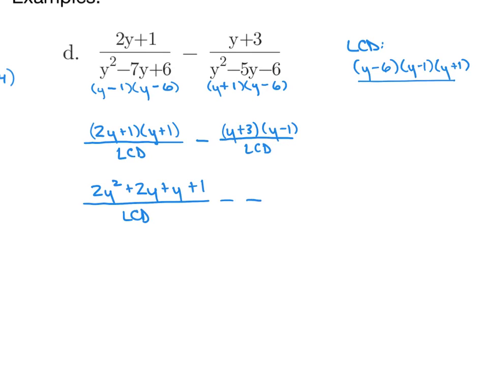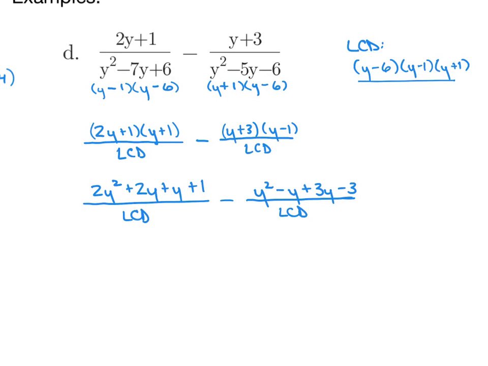In the second one, we end up with firsts y squared, outsides is minus y, insides is 3y, and lasts is minus 3 over our LCD.